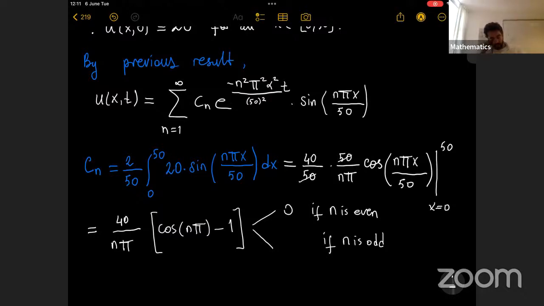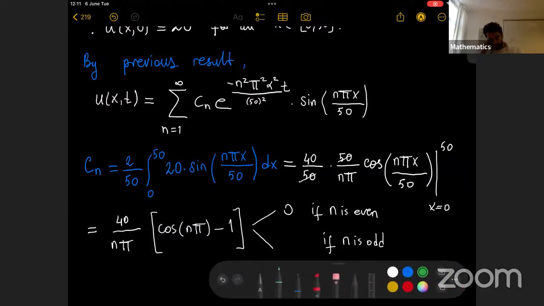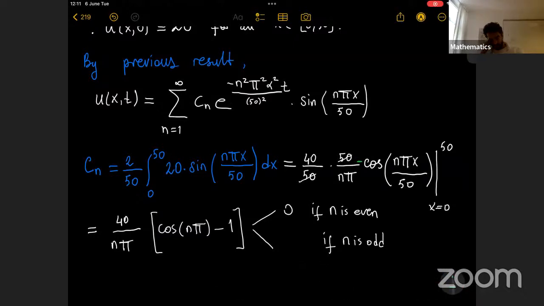oh, I did something wrong, right? This integration here has a negative sign, there should be a negative sign here. There is a -1 here. So it's going to be like this with a minus sign.